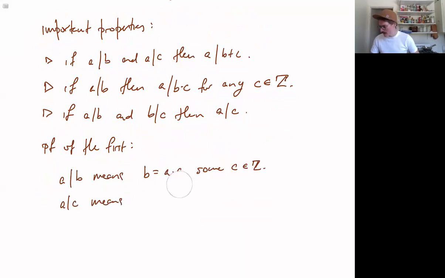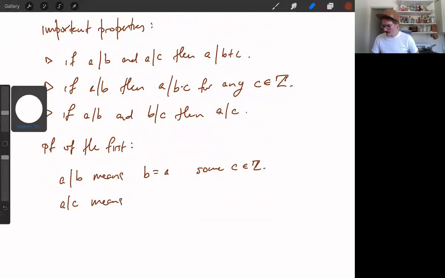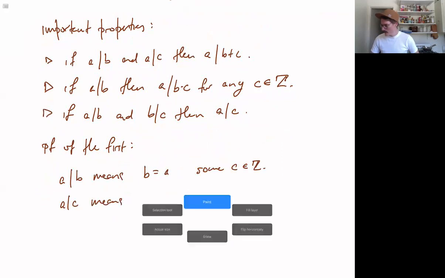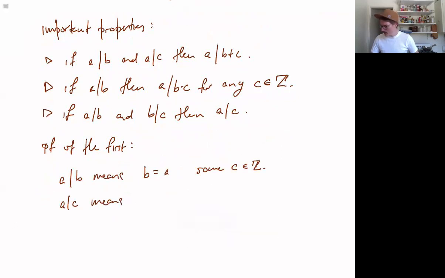Let me not use c because I am using that somewhere else. Let me call it s. And then a divides c as well, which means that c equals a times t, so t in Z.